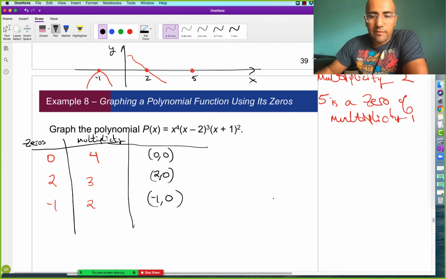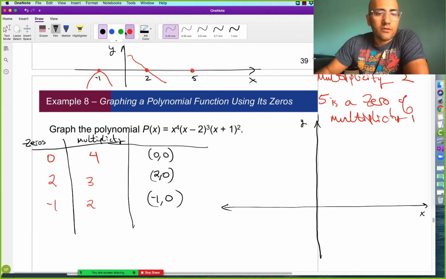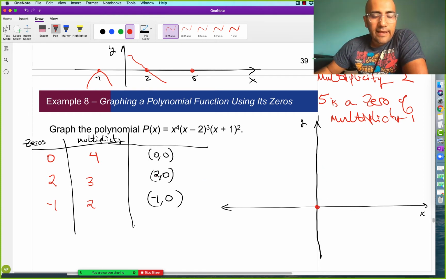On my number line, as I begin to sketch what this is, I'm starting to get a nice idea of what this graph is. Here's the y, here's the x. So far I have the point 0, 0, the point 2, 0, and the point -1, 0. Those are the 3 points I have so far.